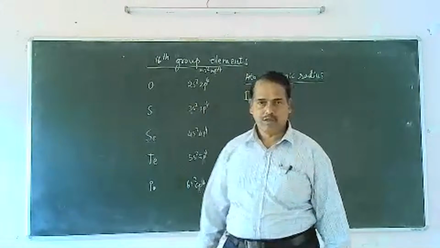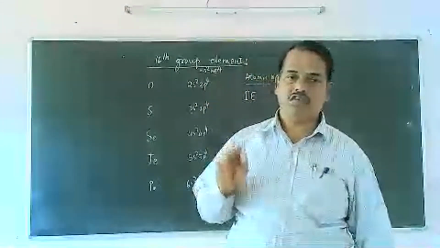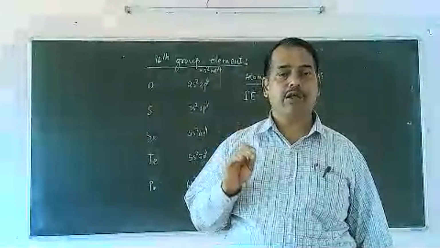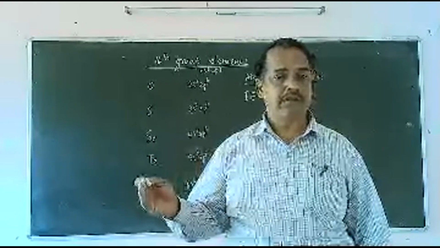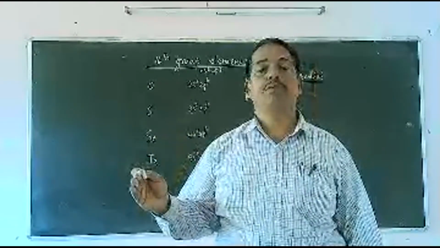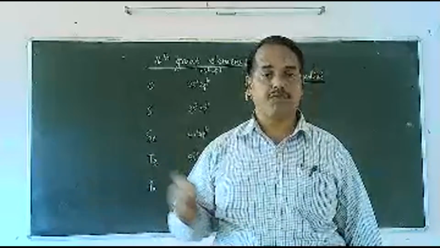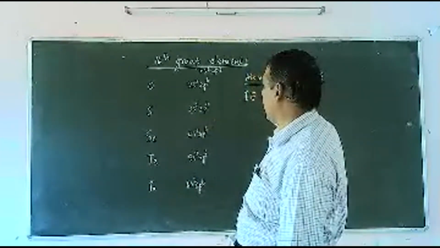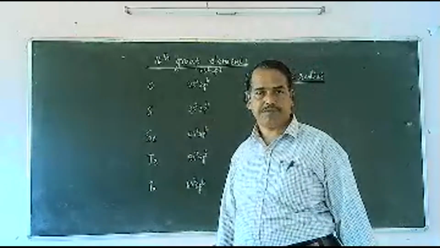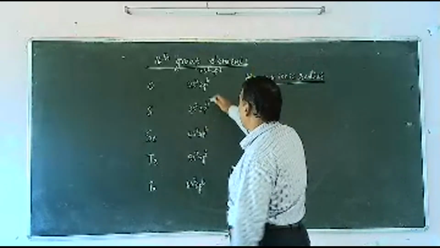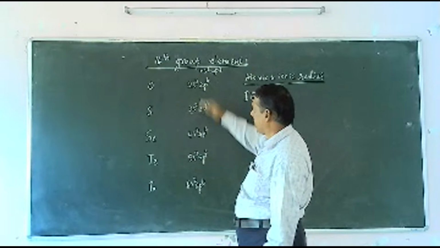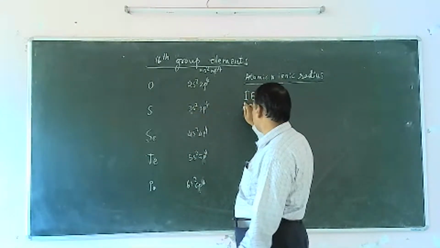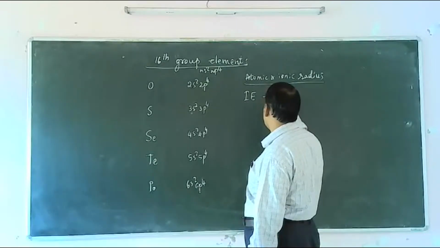Ionization enthalpy. See again, these 16 group elements have less ionization enthalpy than 15 group because 15 group elements contain half filled configuration. Here again, partly filled configuration, as you go for 17 and 18 group. Therefore, as you come down along the group, ionization enthalpy decreases.